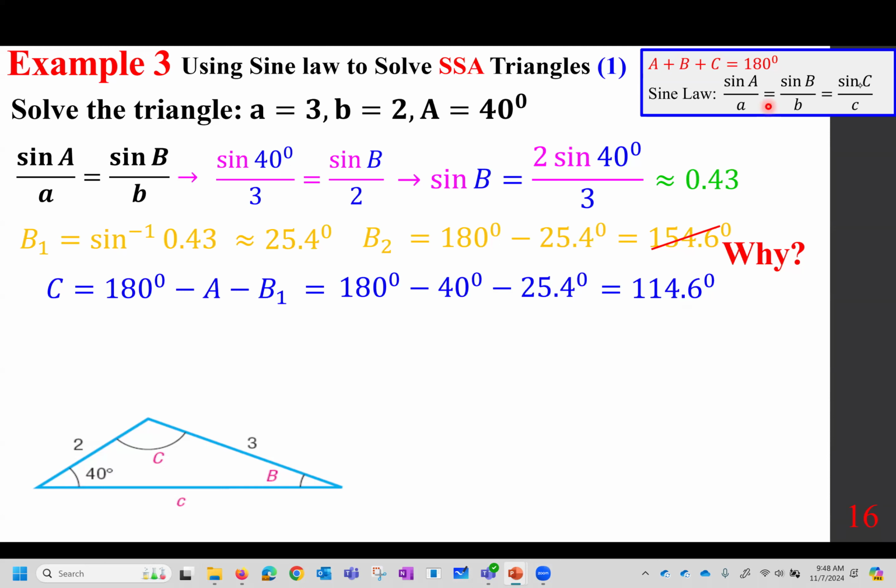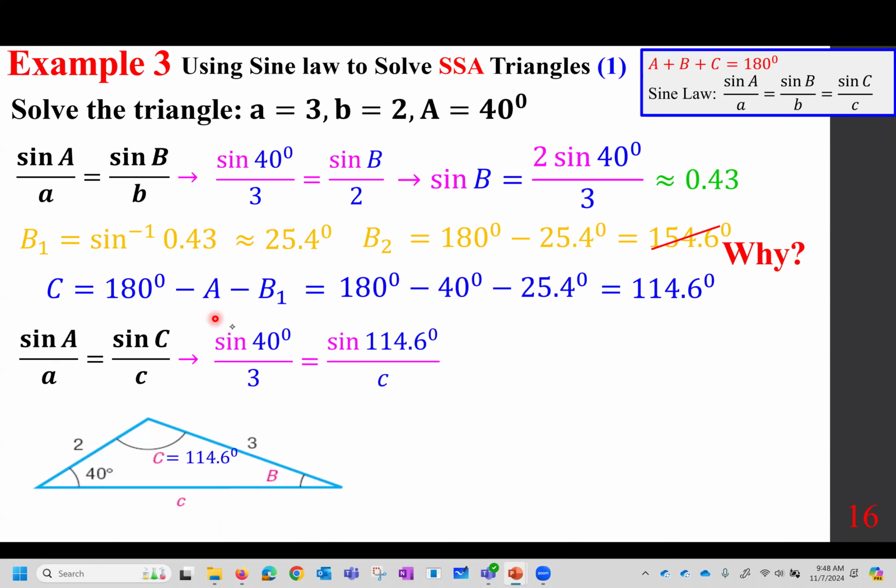Now we use this one with this one. So it's 114.6 degrees. Use this too. Sine of, try to use what's given first, okay? Because that's more accurate. So sine of 40 over 3 is sine of 114.6 over lowercase c.